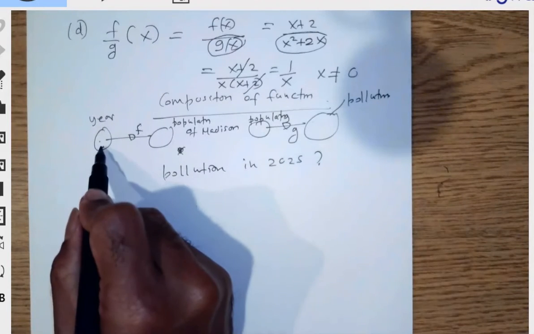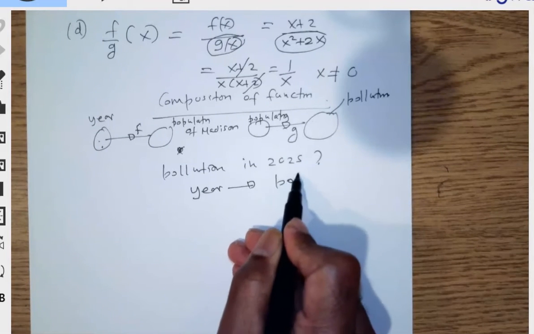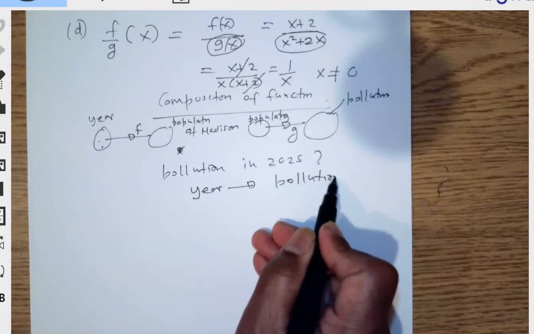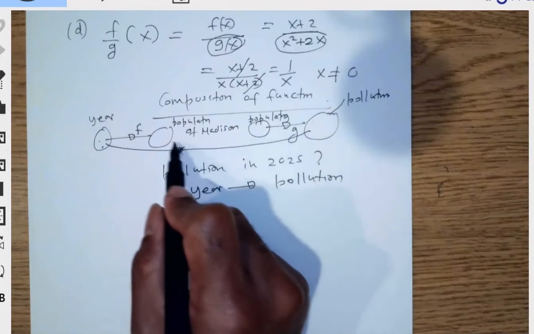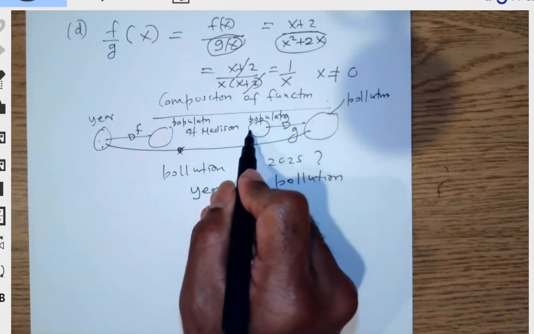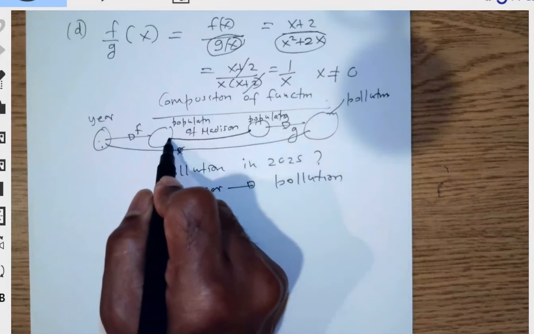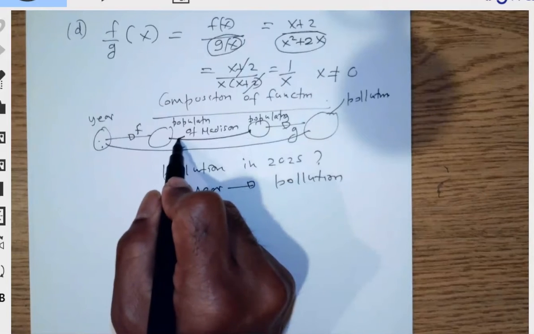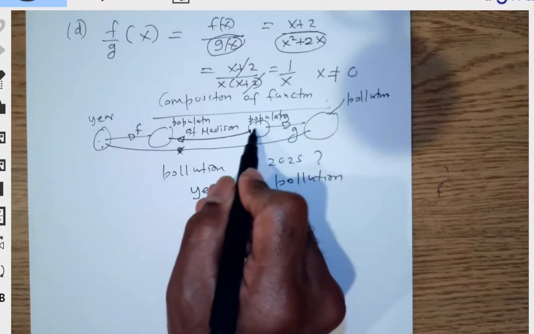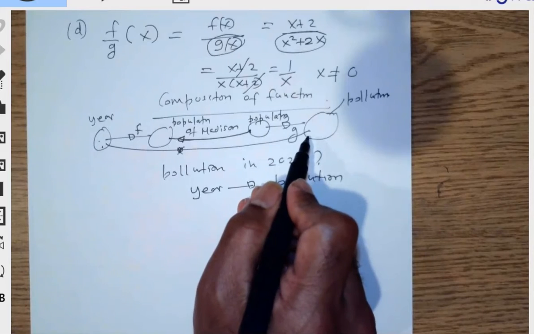Then you need to connect the year and the pollution. In order to connect these two, the output of the first function has to go inside the input of the second function.